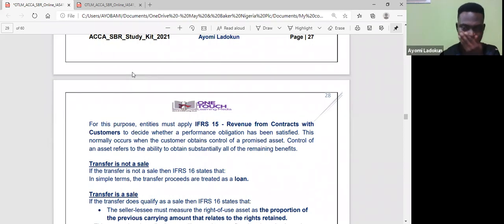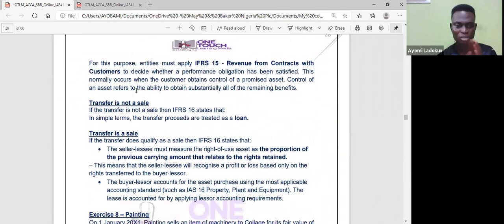Now, you need to determine if the performance obligation has been satisfied. When we do IFRS 15, we will understand better. But let's just take a look at sales and leaseback. They are in two. If the transfer is not a sale, you just treat that proceed as a loan. Please take notes.